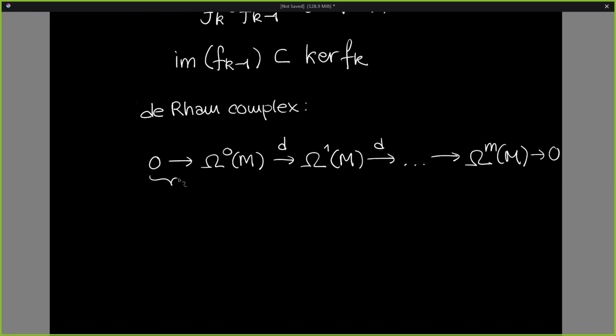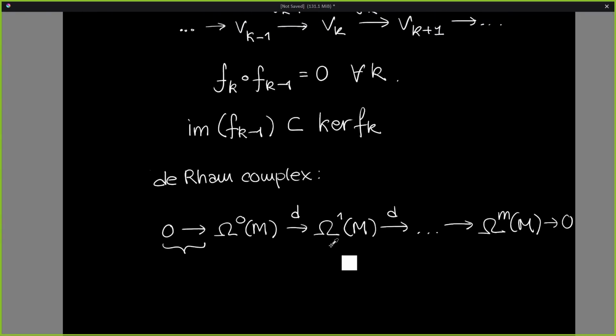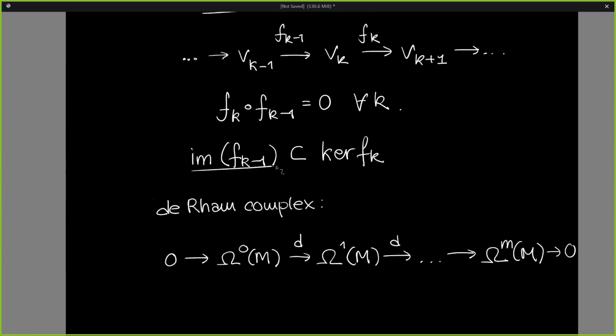Here it says that the image of f_{k-1} is a subset of the kernel of f_k.